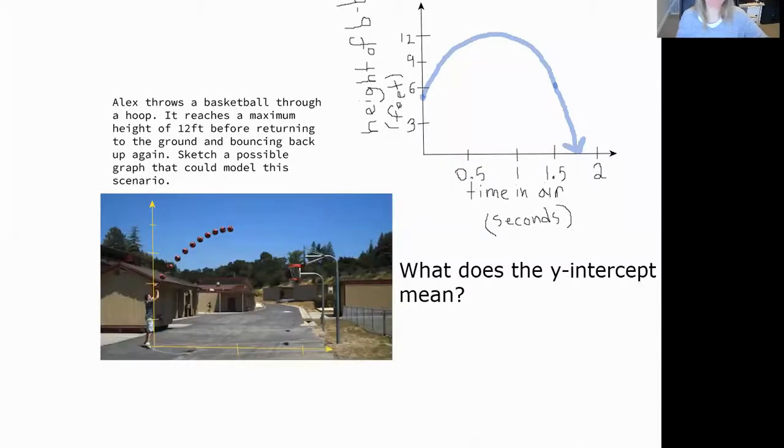Oftentimes we're asked to interpret the meaning of the y-intercept or explain the meaning of the y-intercept. For any graph, the y-intercept is where the graph crosses the y-axis.